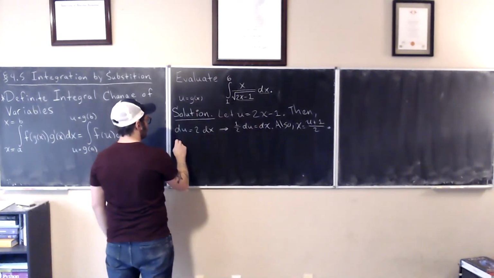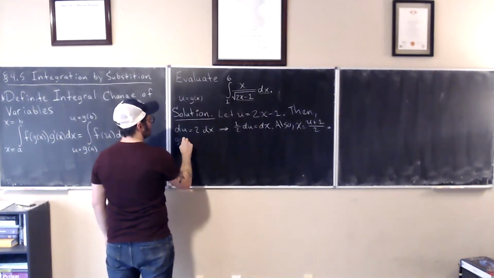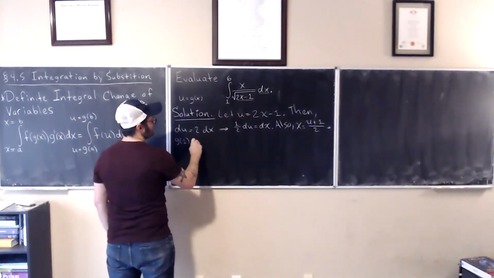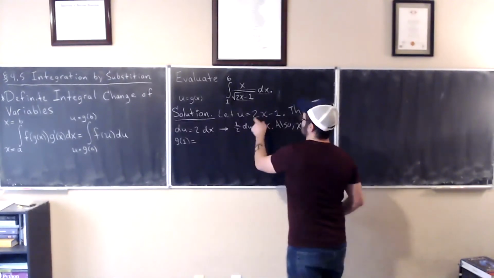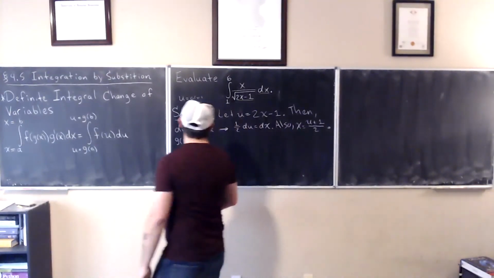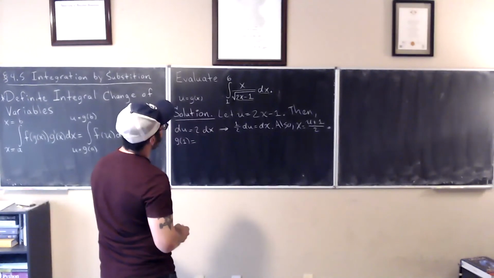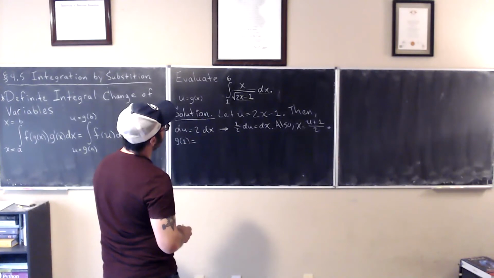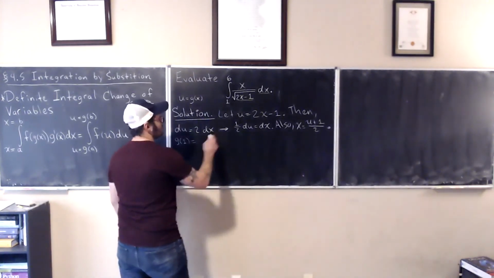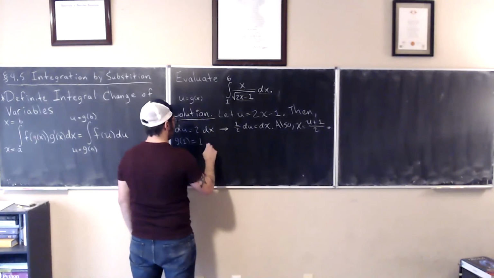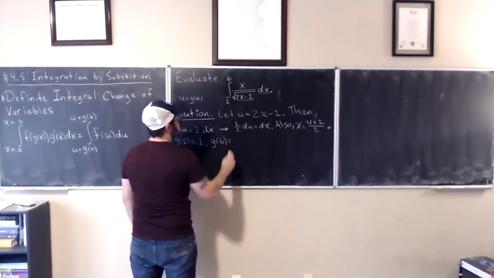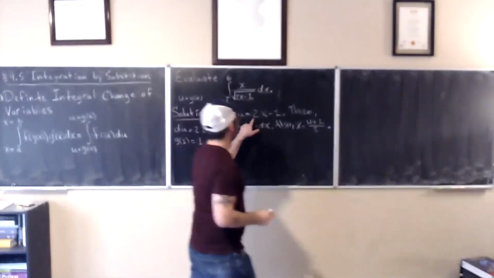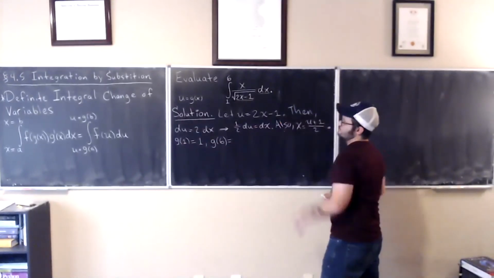So then g of 1, the lower limit of integration, is going to be 2 times 1 minus 1. So this would be 1, and then g of 6 is equal to 2 times 6, which is 12, minus 1 is 11.